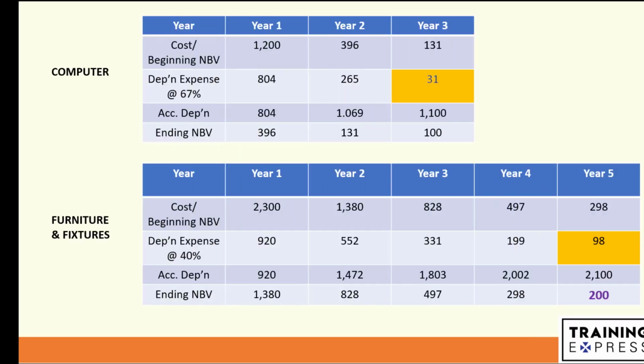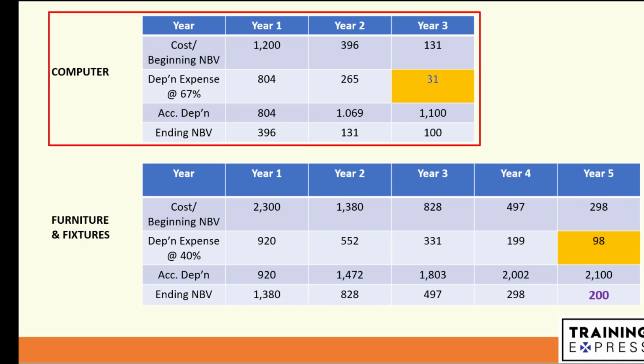Now let's see how we can calculate depreciation using this method. You will see it's pretty much the same as our last method, the declining balance method. Year number 1, we will start with our cost $1,200. Depreciation expense at the rate of 67% is 804. Accumulated depreciation will be the same, and our ending net book value will be cost minus accumulated depreciation, which is equal to $396.